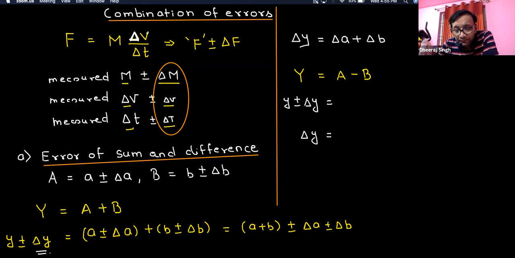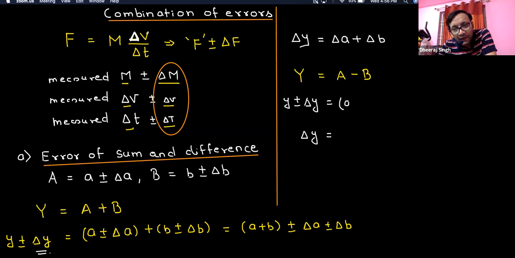Fine. So now many of you are saying delta A minus delta B. The answer is delta A plus delta B only.